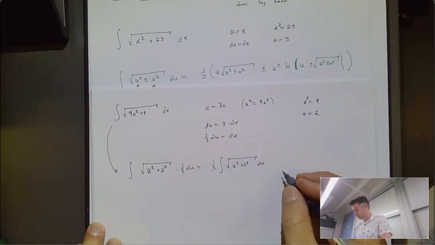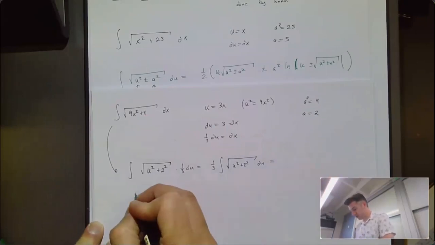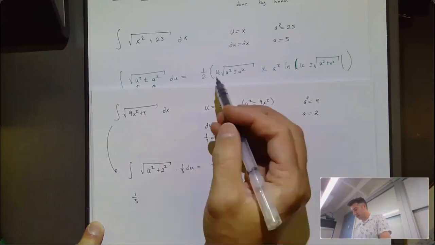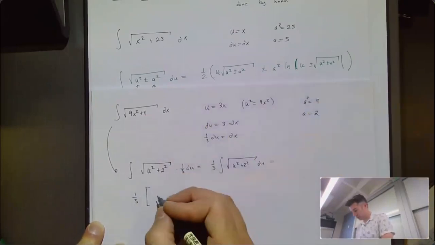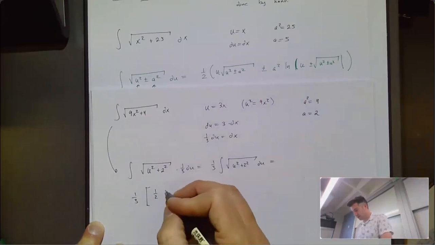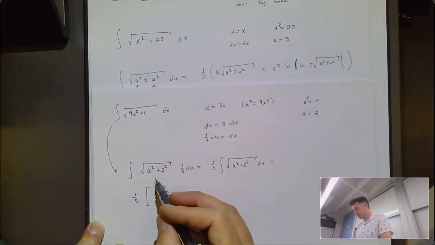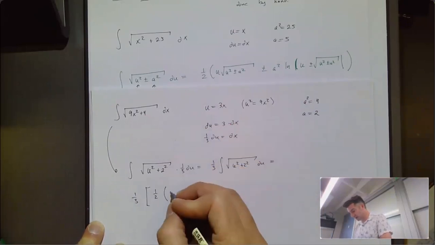So it's going to be 1/3 and then times all this. So it's going to be 1/2 times u, but my u is 3x.